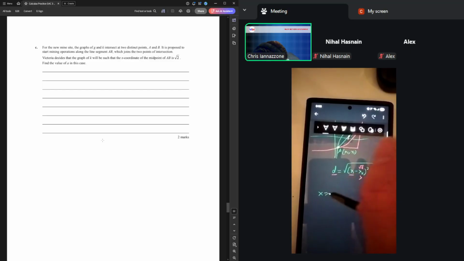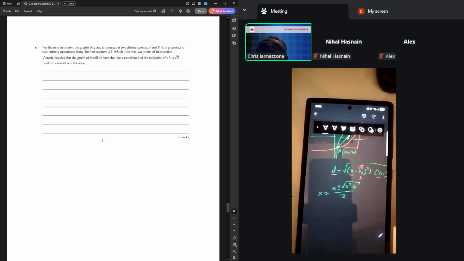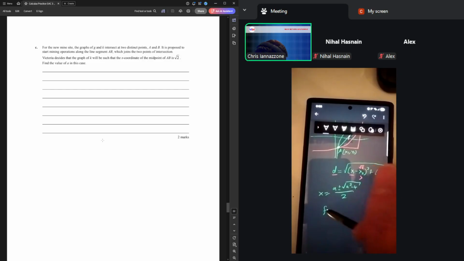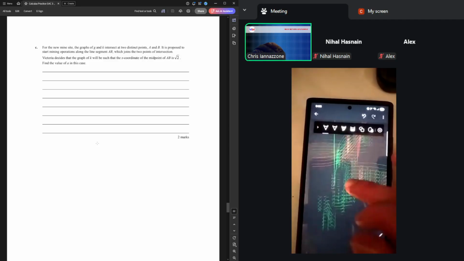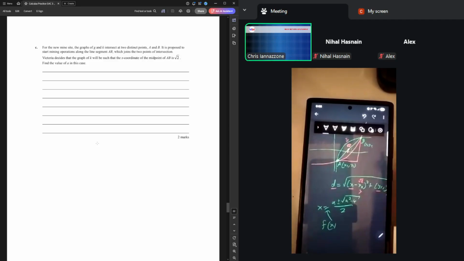So we have x equals a plus minus root a squared take 4, over 2. Those are our two x coordinates. The corresponding y coordinates are therefore f of x, where x is these. Or more specifically, what's the function called? It could be k or g, whichever.